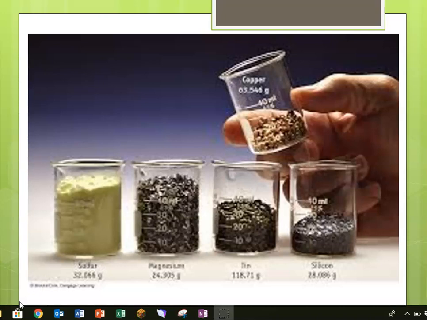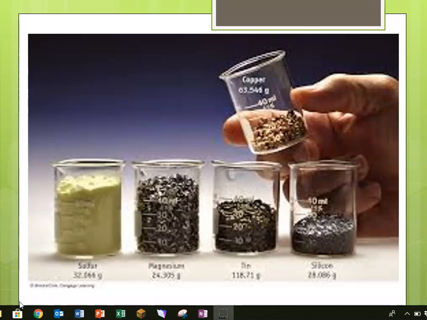Beside that, the next beaker is magnesium. That's a mole of magnesium atoms. It weighs 24.9 grams. If you look at the other 3 beakers, the next one along is tin, which weighs nearly 119 grams. Silicon, about 29 grams.